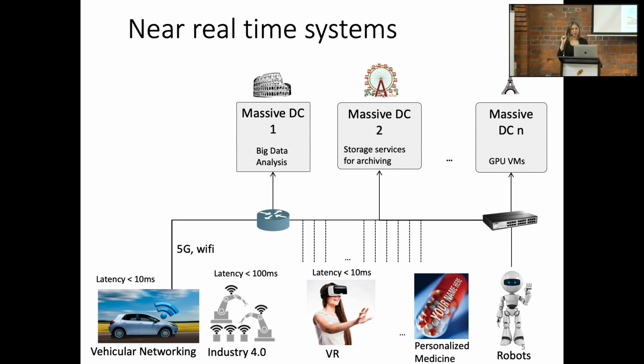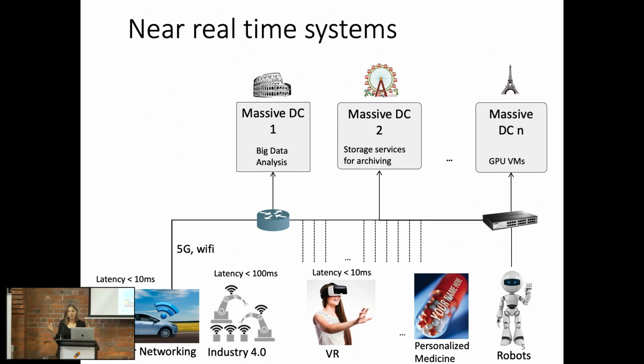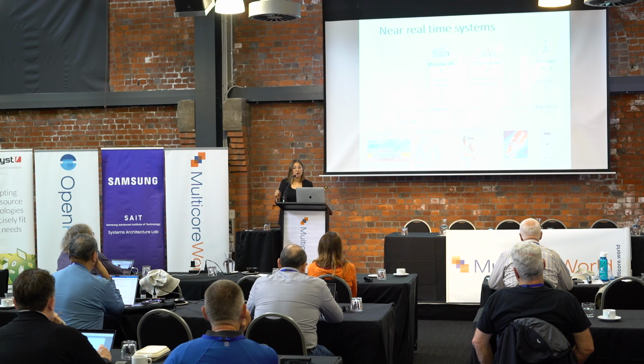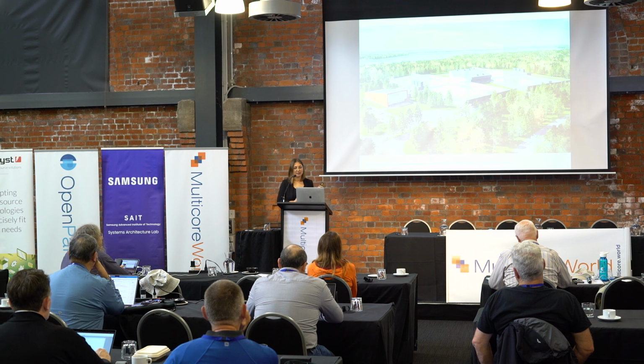We heard also from Karen about the possibilities of personalized medicine and cancer treatment, robots. On top, we have massive data centers, an abundance of resources that doesn't help us, so sometimes we have to use what we have in our environment, like routers and switches, and if they are not powerful enough, we install so-called micro data centers that do the work for us.